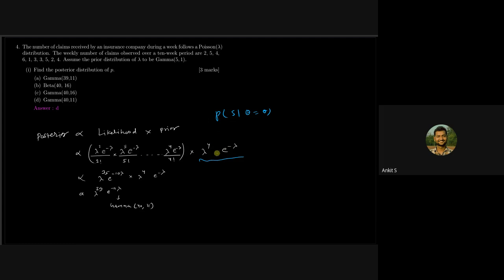You multiply and get this expression, and you observe that it is gamma of 40 comma 11. So you get a posterior distribution, you don't get a number. This is your answer.